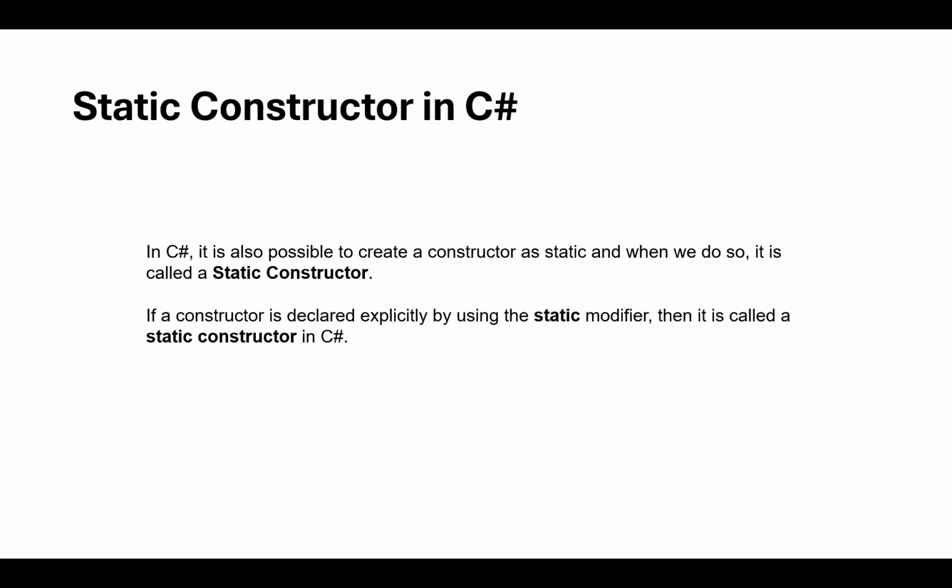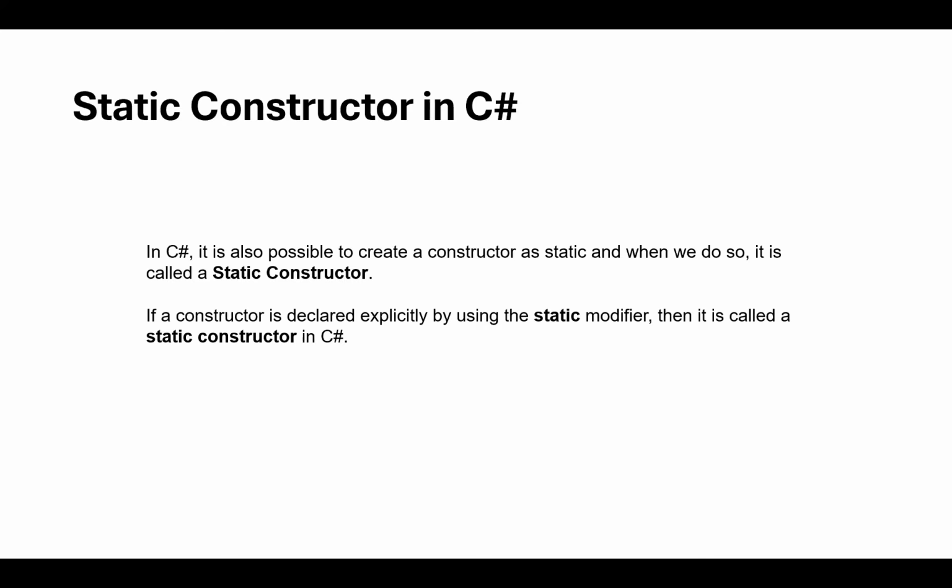It's important. Static. The next type of constructor is a static constructor. In C# it is possible to create a constructor as static, and when we do it, it's called a static constructor. If a constructor is declared explicitly by using the static modifier, then it is called a static constructor.